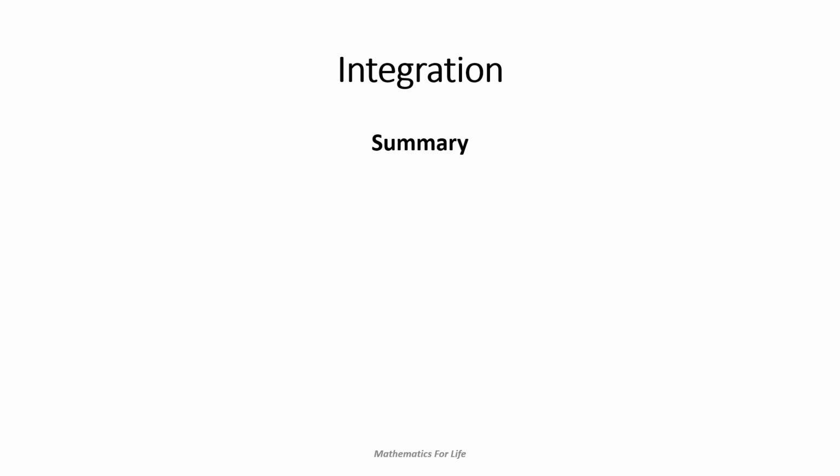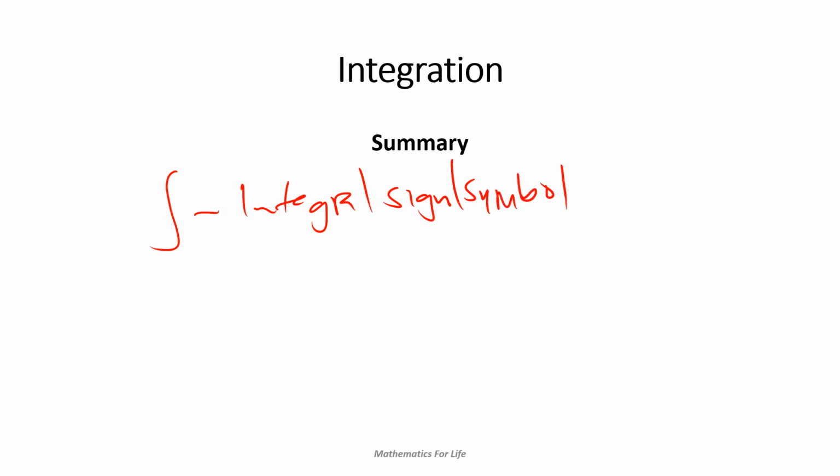In summary, in this lesson, we've learned that this symbol is called the integral sign, and is an instruction to integrate. And therefore, every time you see that particular symbol, it basically means integrate.